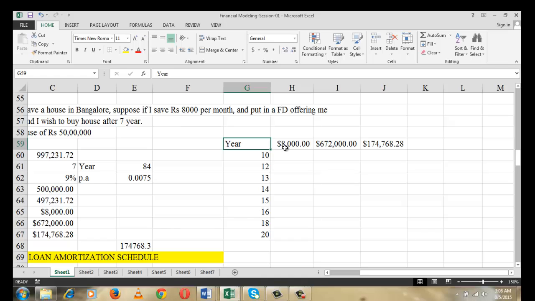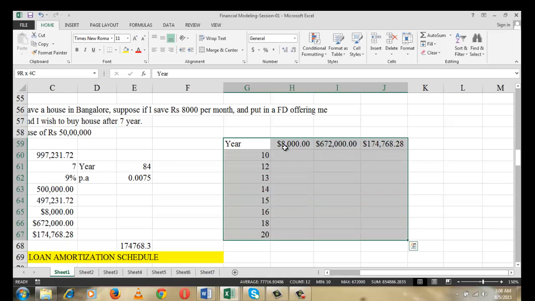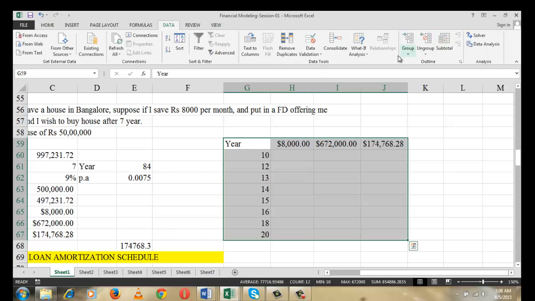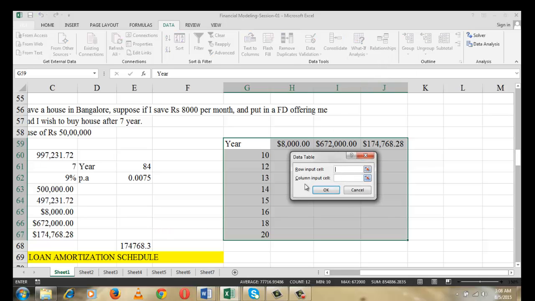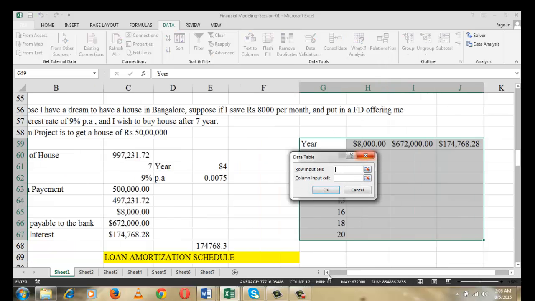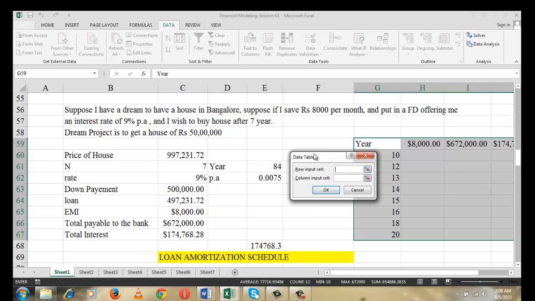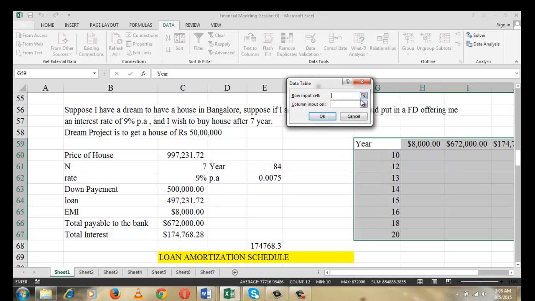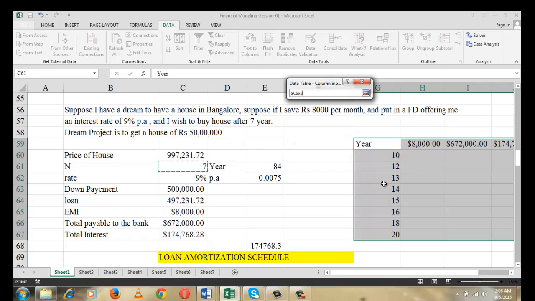Select this cell, go to Data, under What-If Analysis, go to Data Table. The value on which I am analyzing is the time period. Row input cell is nothing; column input cell, put the time period like 10, 15. Press OK.